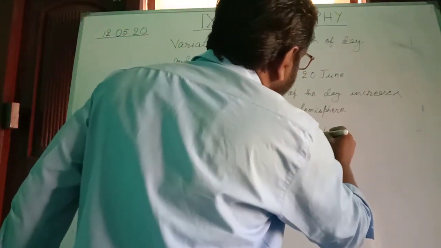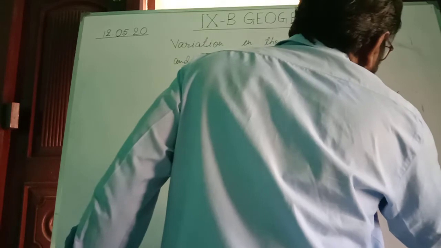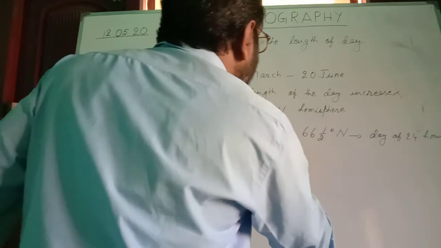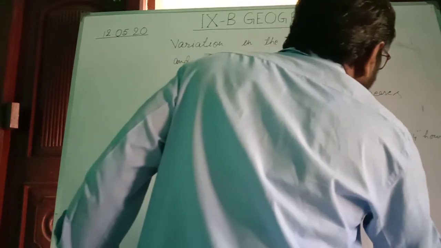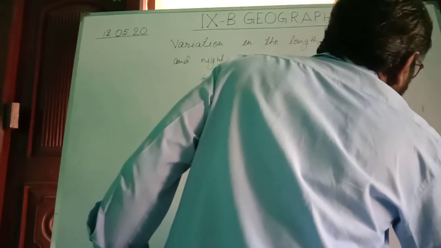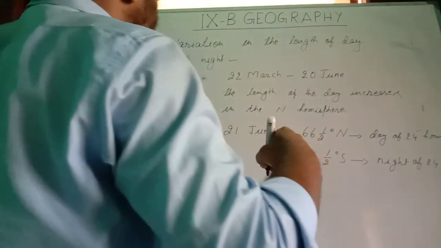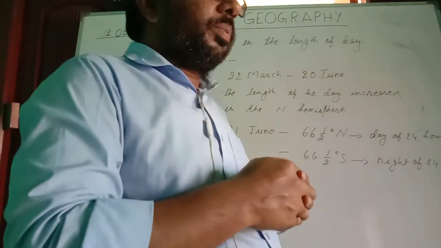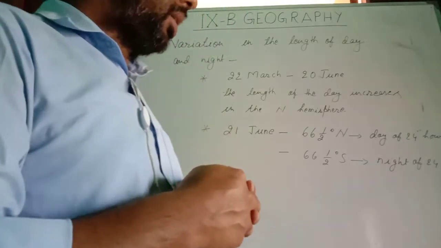But what happens at 66.5 degrees north? There is a day of 24 hours. And at 66.5 degrees south, what happens there? Night of 24 hours. It happens on 21st June. Before that you had seen the Tropic of Cancer and Tropic of Capricorn, which were the summer solstice and winter solstice.